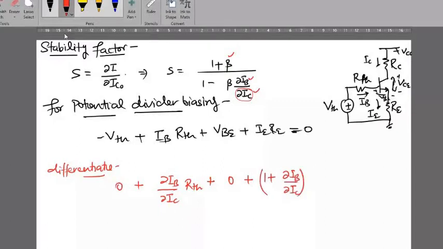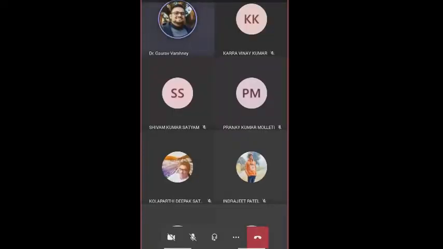Now I can find del IB over del IC, and it will be 1 plus RE equals to minus RE. Finally we get this relation: del IB over del IC equals minus RE over RE plus RTH.